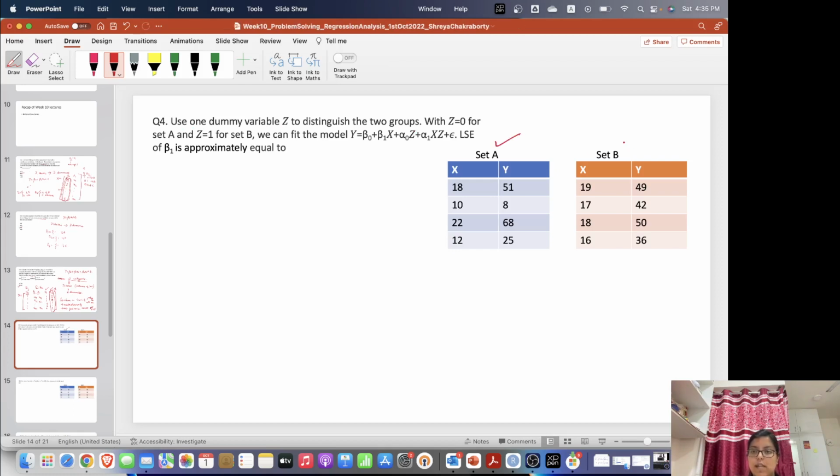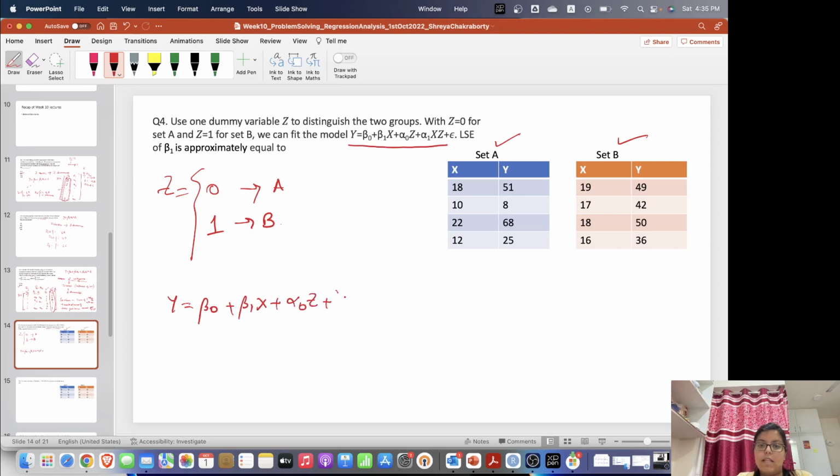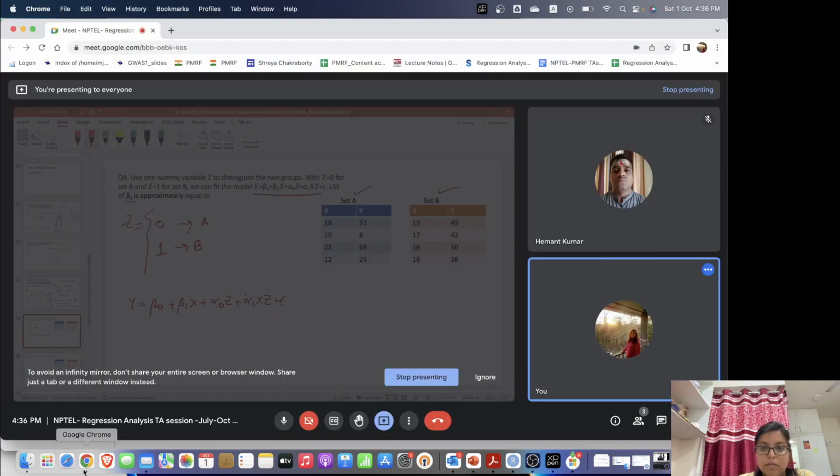These are the two groups, set A and set B, and we have been asked to use a dummy variable z such that z equal to 0 implies set A and z equal to 1 implies set B, and then we have been asked to fit this model: y equal to beta naught plus beta 1 x plus alpha naught z plus alpha 1 x z plus epsilon, and to find out the least square estimate of beta 1.